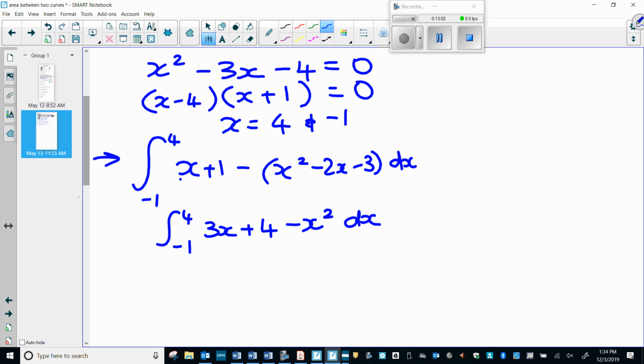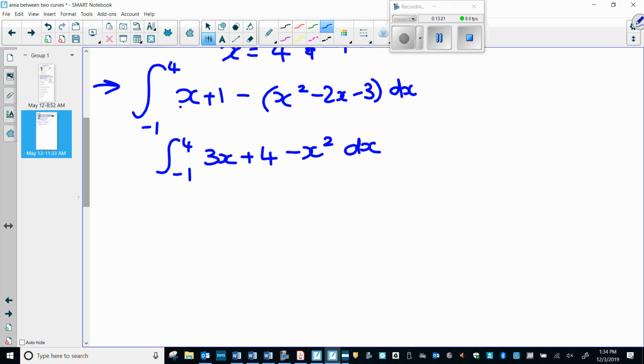Okay? With me? Obviously it's in a different order than we're used to, but it's fine. We haven't actually done any integrating yet, have we? We've just been simplifying. So now we can integrate. So now this is where we square bracket it.